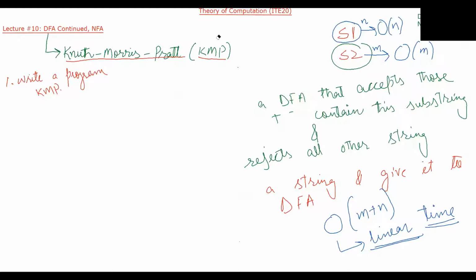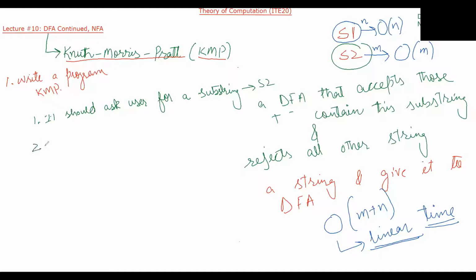So what should your program do? First thing is, it should ask the user for a substring. Okay, let's say that substring is s2.